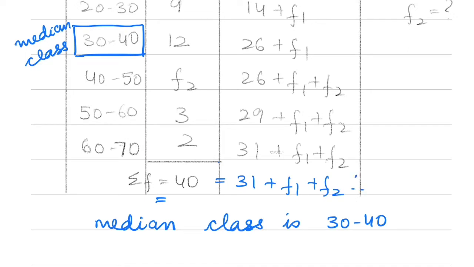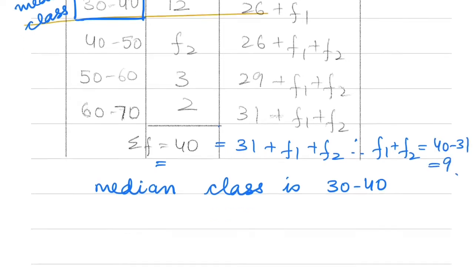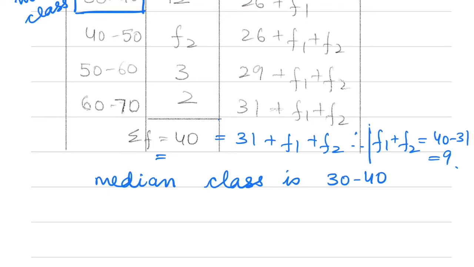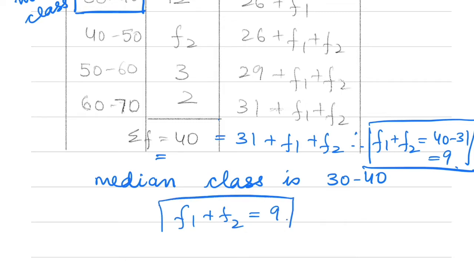Therefore f1 plus f2 is equal to 40 minus 31. So this is equal to 9. So we got one equation as f1 plus f2 is equal to 9. First equation.